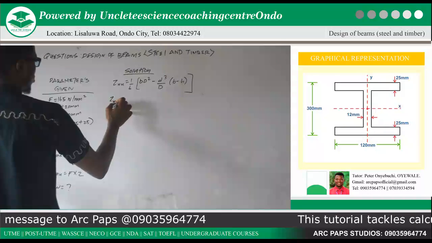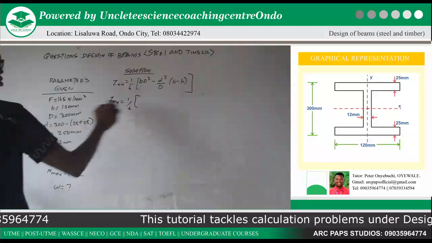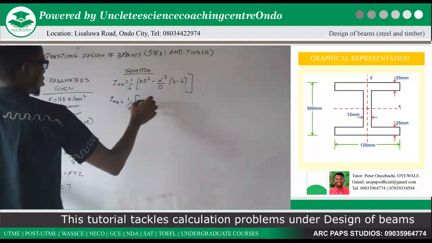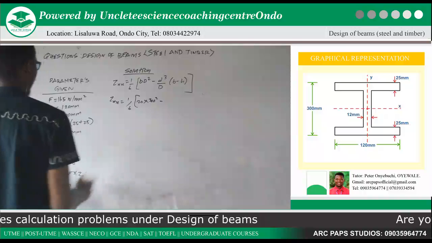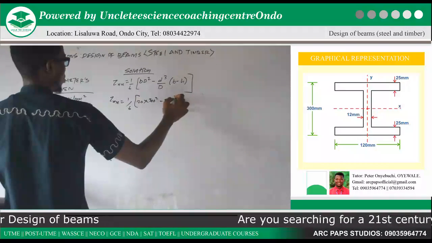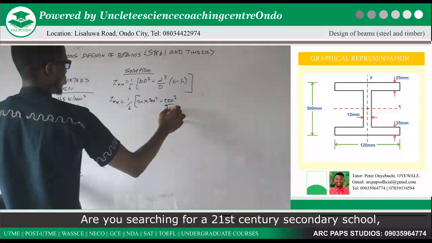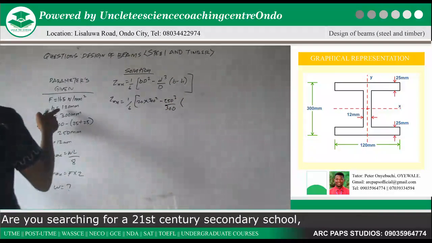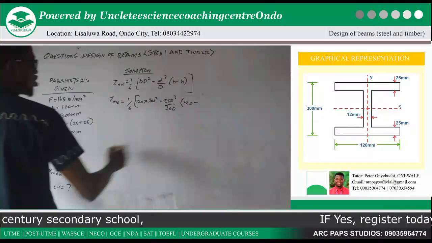Okay, in this particular section, we are dealing with an I-beam, and I've already proved the formula for you, the formula for sectional modulus of an I-beam, to be 1 over 6 into BD squared minus D cubed over D into B minus H. So we are just simply going to slot in the parameters as given on the question. You can see from the diagram beside your screen, all the parameters are listed on the board.